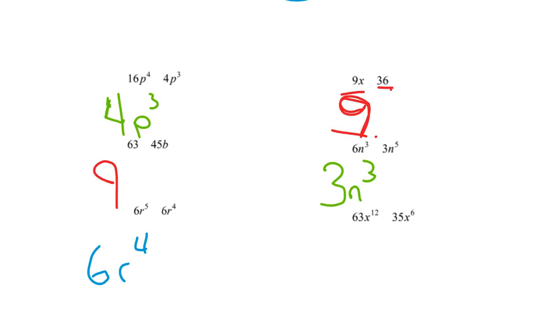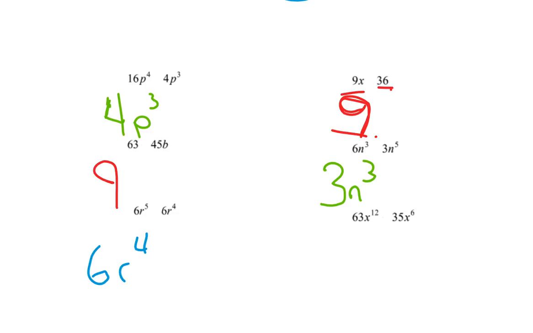would be 63x to the 12th and 35x to the 6th. So 63 and 35, let's see, common factors: 1 and 63, 9 and 7, 3 and 21.